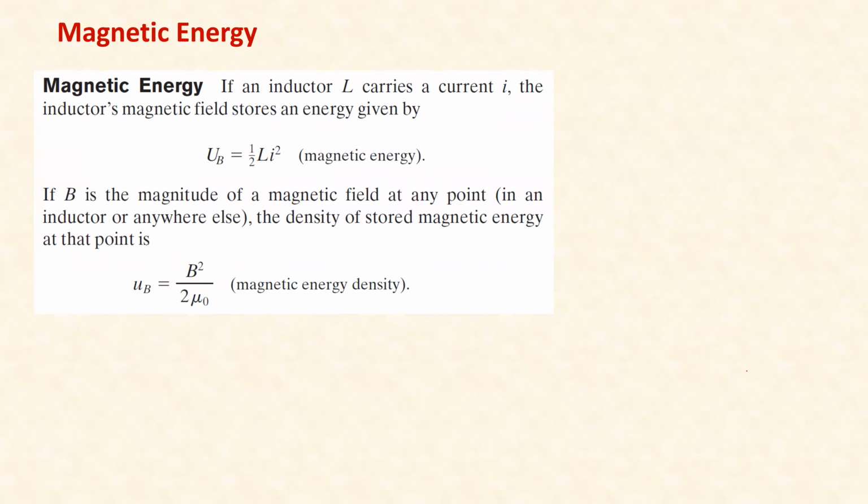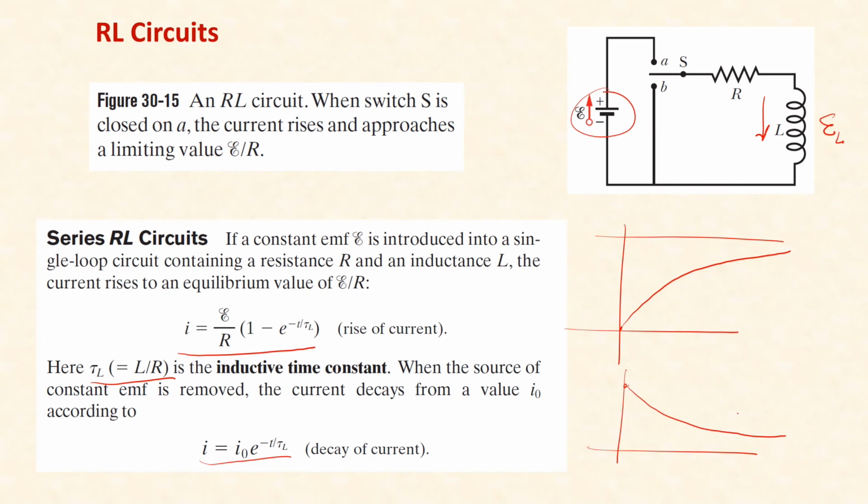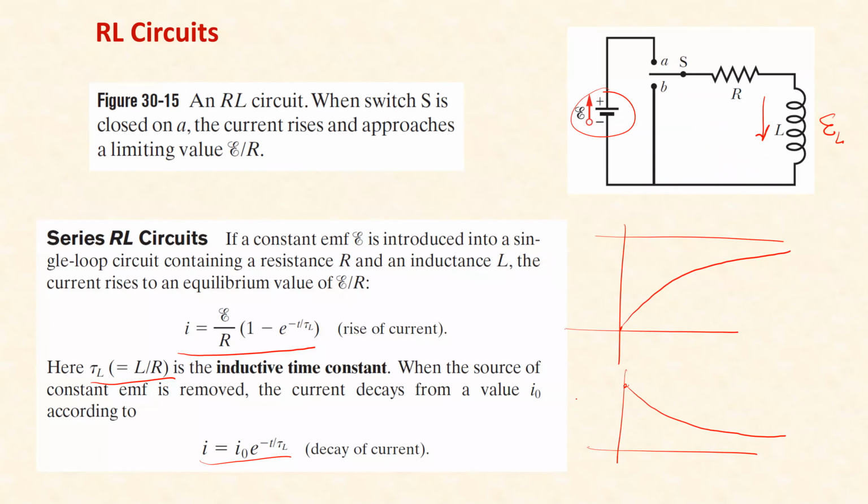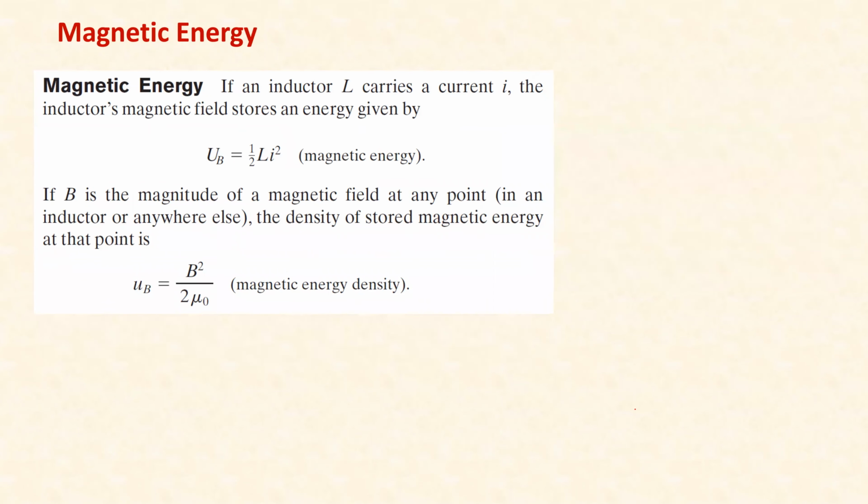And then magnetic energy. So where does this magnetic energy come from? When you have the inductor like this, and you create a current, this energy becomes... I don't remember. This is the energy.